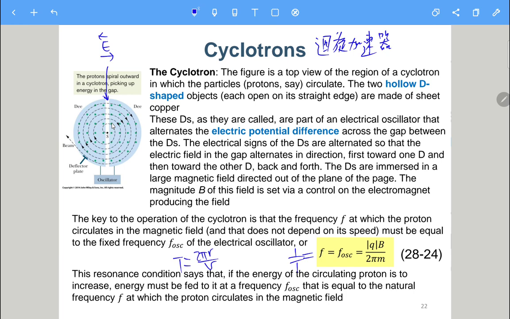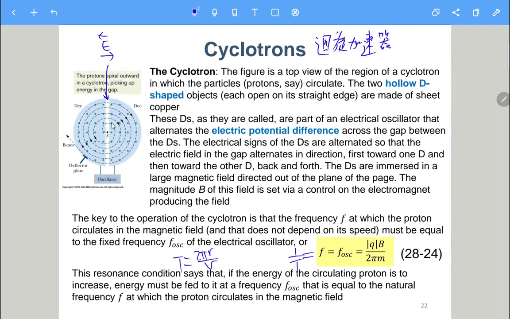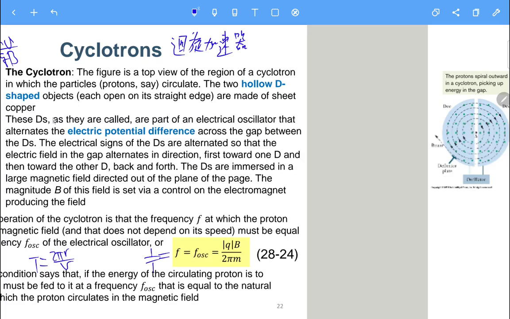And if you still remember, I mentioned that r equals mv over qB. So r is proportional to the velocity. So if the charged particle becomes faster and faster, then the radius will also become larger and larger. So you can see it will have circular motion, then accelerate, circular motion, accelerate, and so on and so forth, and it will become faster and faster, and then finally shoot out.